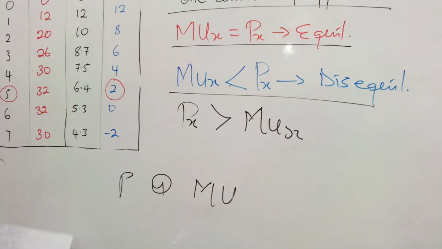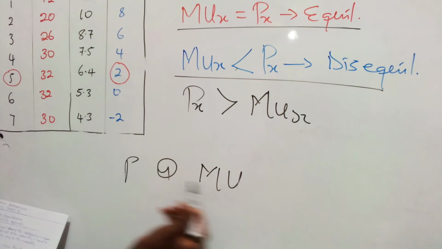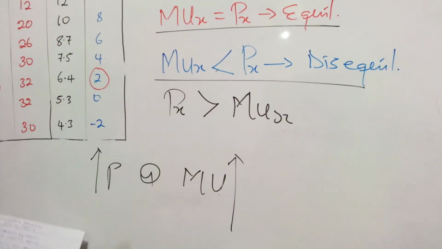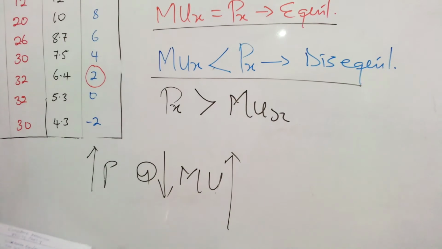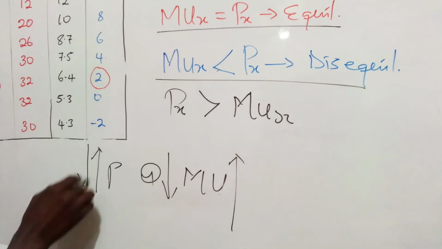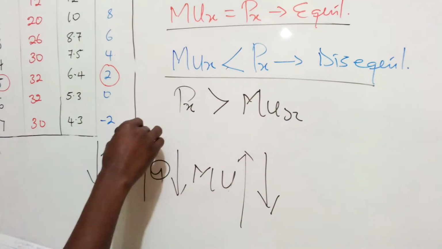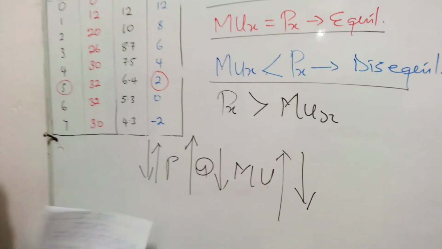Is that clear? So, now between this and this, when price is high, marginal utility is high. But quantity will be what? Low. And when price is low, marginal utility is low, but quantity will be what? High. Is that clear?